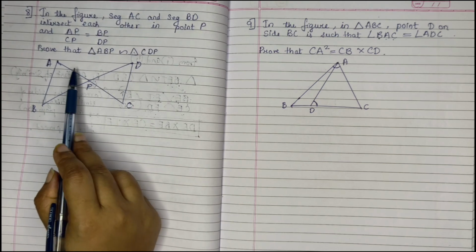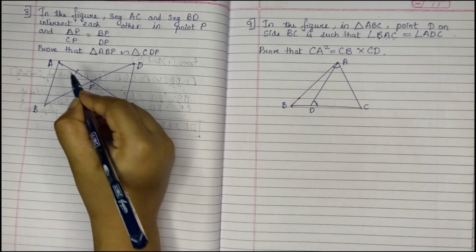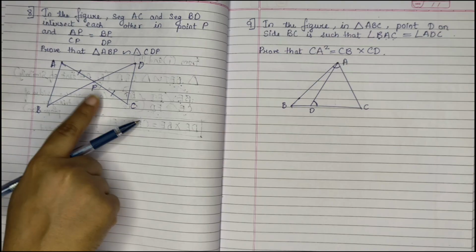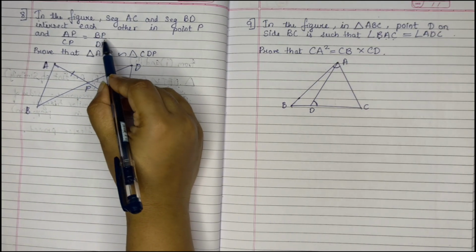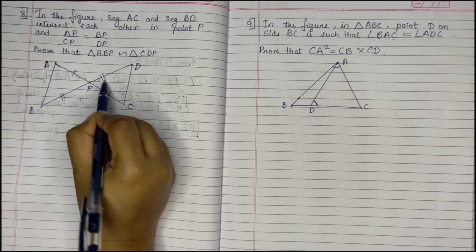This is given, that means these sides we can take as congruent. Suppose this is congruent to this side. AP upon CP, these two sides are congruent. BP upon DP, these two sides are also congruent.